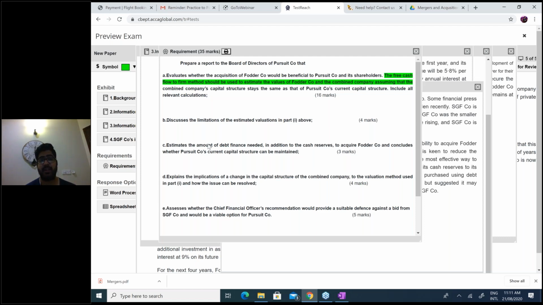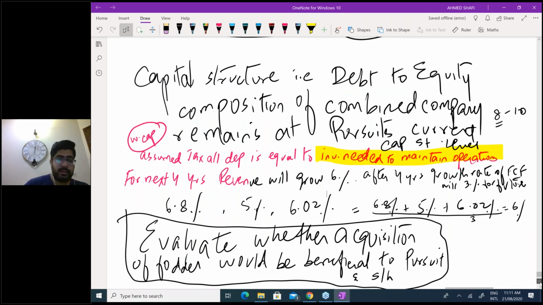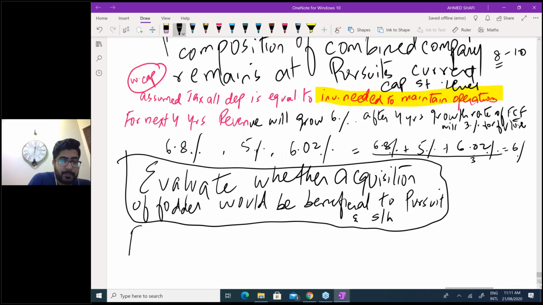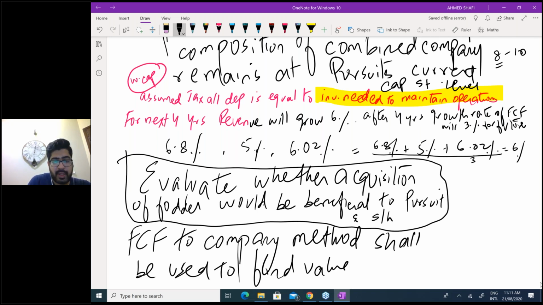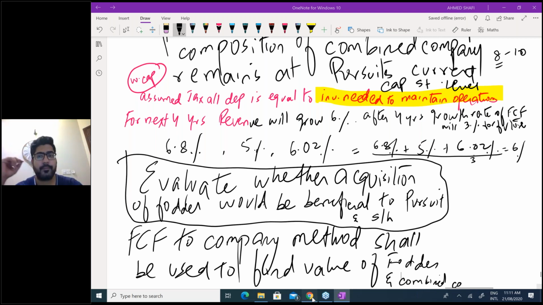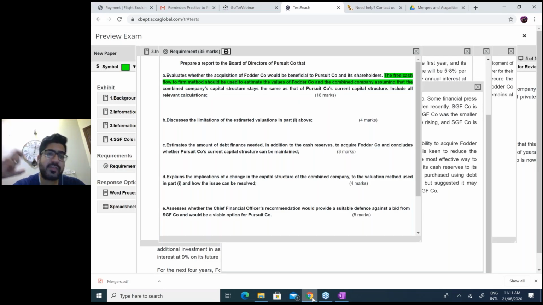So you got a crystal clear idea that the requirement is saying free cash flow to firm, that is company method, shall be used to find value of Fodder and combined company.